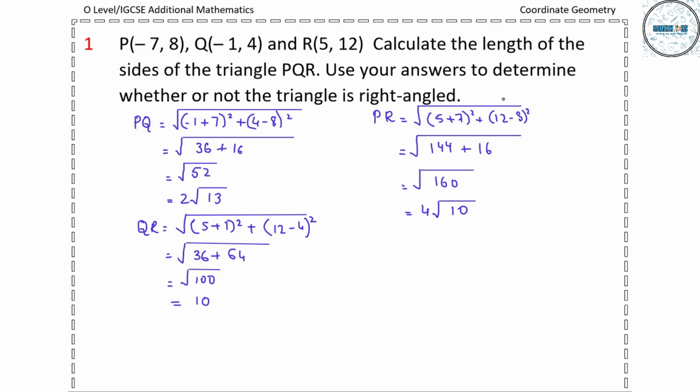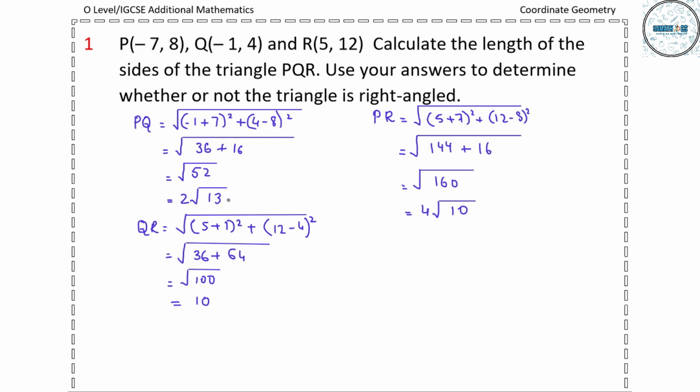Now, the second part says use your answers to determine whether or not the triangle is right angled. If we have to prove that this triangle is a right angled triangle, then we have to use Pythagoras theorem. According to Pythagoras theorem, the square of the longest side, which is the hypotenuse, is equal to the sum of the squares of the other two sides.